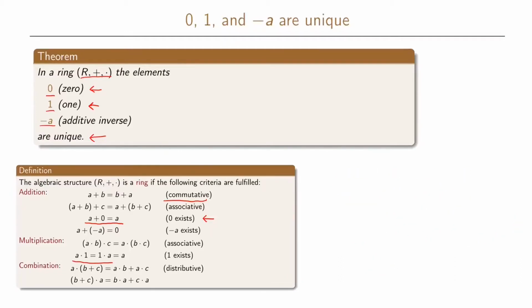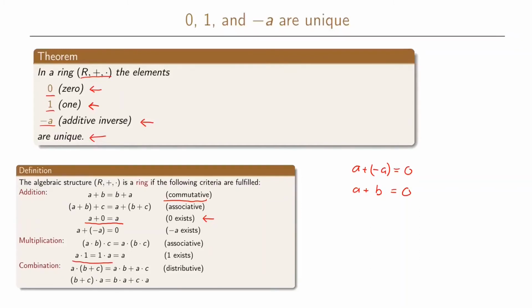And finally we show that the negative a, or the additive inverse, is also unique. Again we will show this by assuming that it is not unique. So we have one additive inverse that we can call minus a, and a plus the inverse of a is 0. And if we have another element that also has this property, we call this element b, so a plus b is also 0.